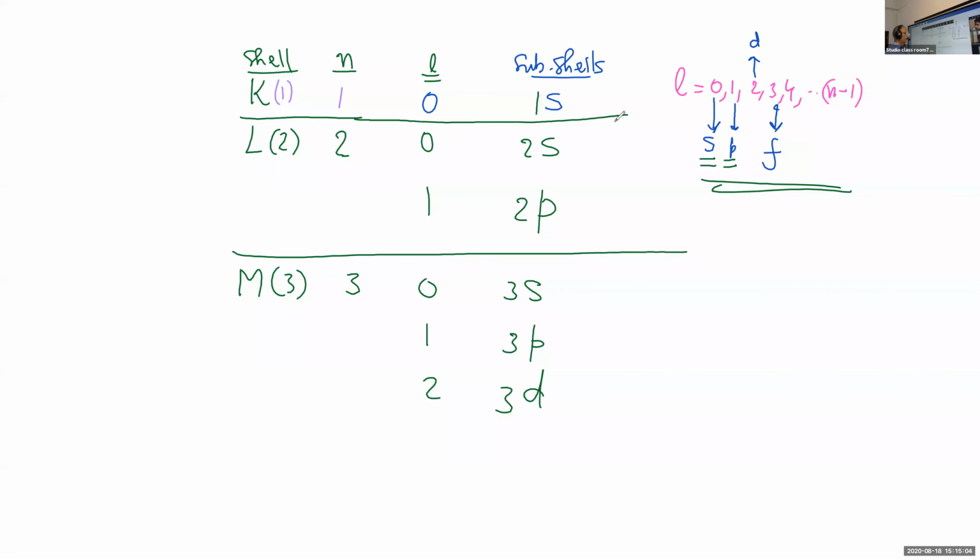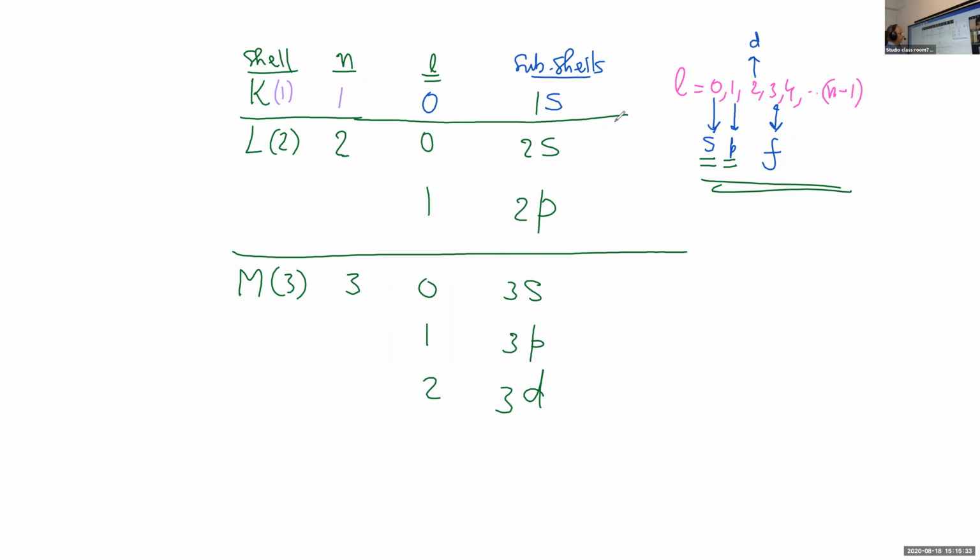If it is 0, it is S. If it is 1, it is P. If it is 2, it is D. And these are of the third shell, and so you write it as 3S, 3P, 3D. So these are the possible subshells in the M shell.